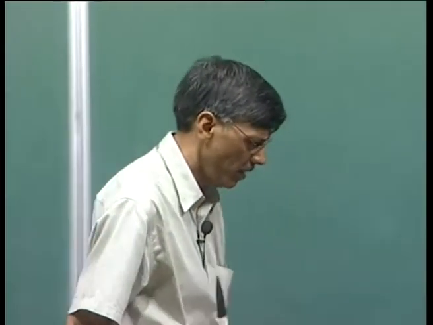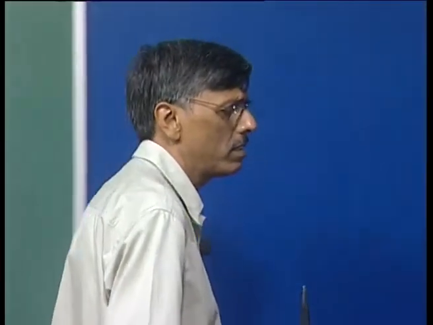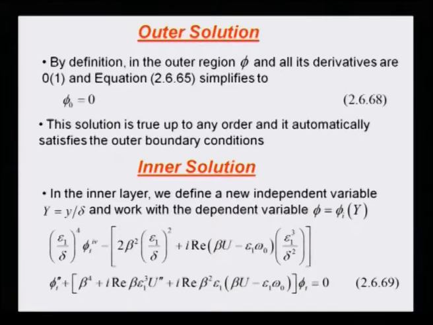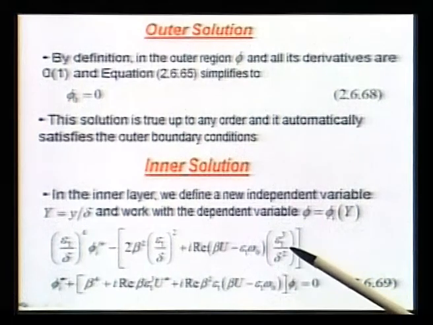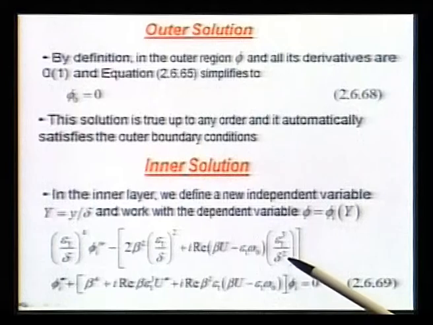Now in doing singular perturbation theory, what you need to do is exhaust all possible combinations that you can think of. See, for example, I can note some kind of a distinguished limit appearing here, right? This is something like your epsilon 1 cube by delta square.